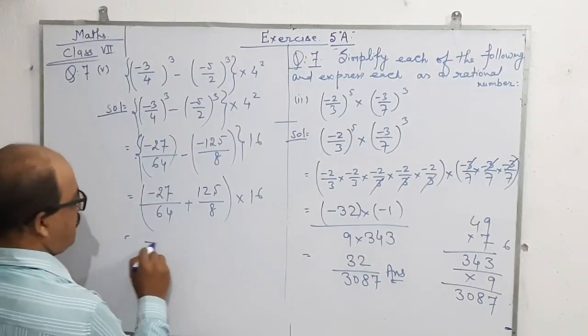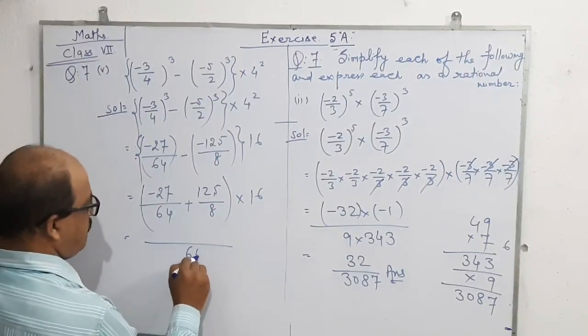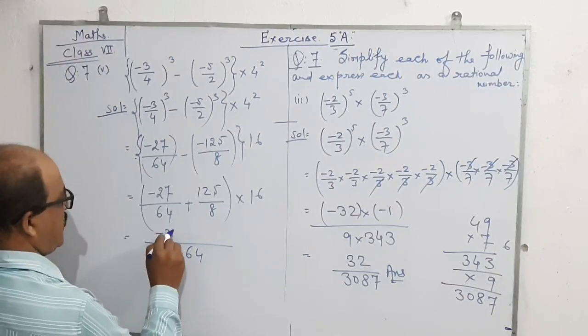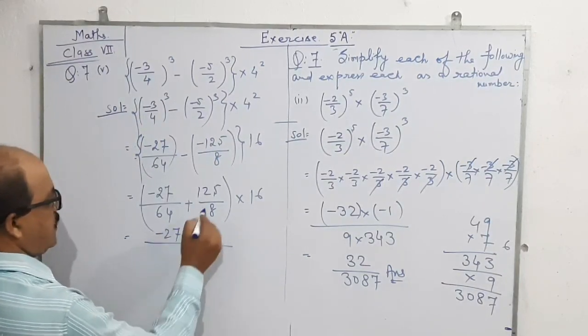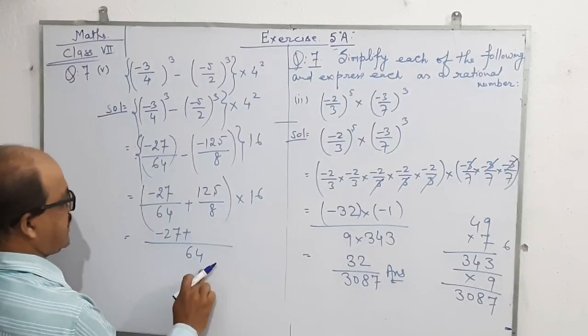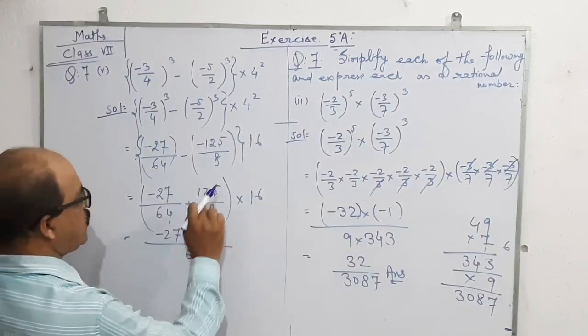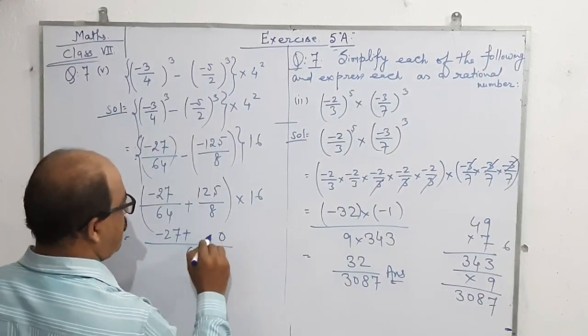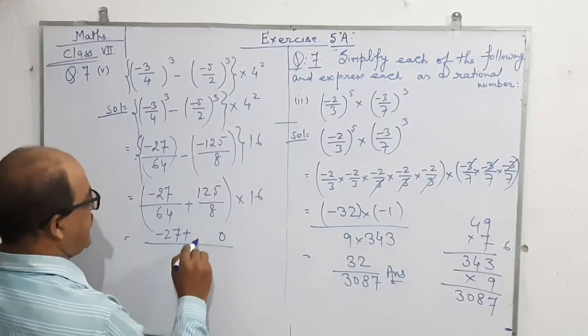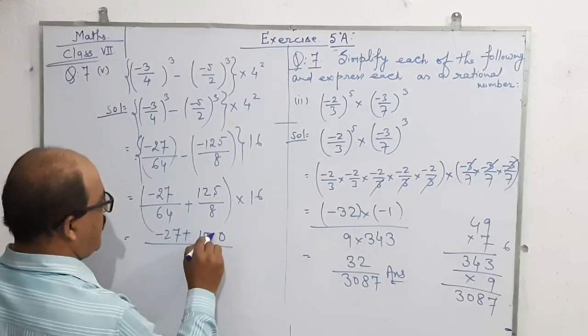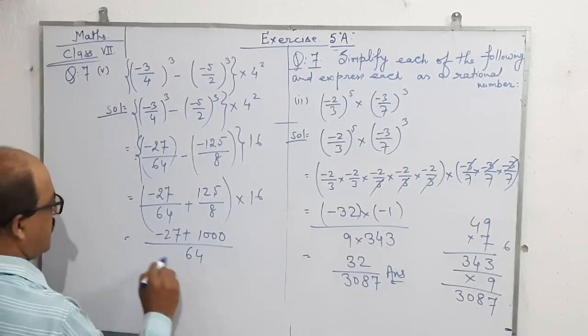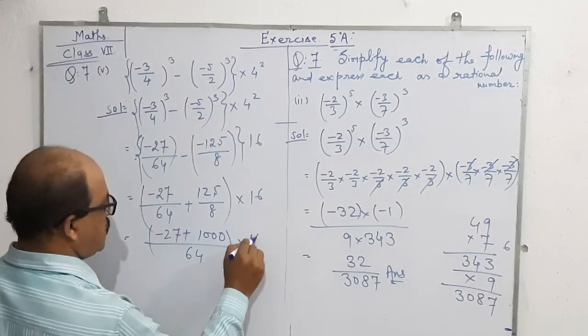Take the LCM of it. 64 minus 27 plus 1, 8 eights are 64 and 125 into 8. 8 fives are 40, 12 eights are 96 plus 400, 1000 into 16.